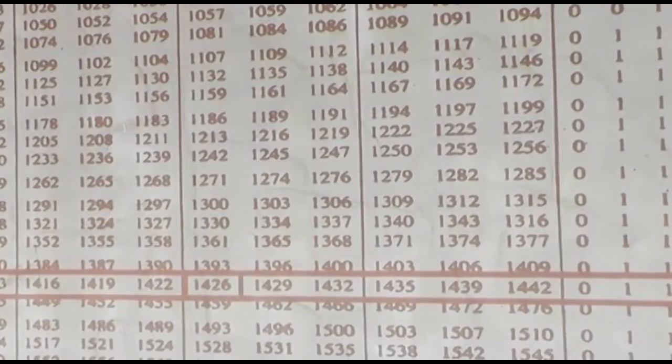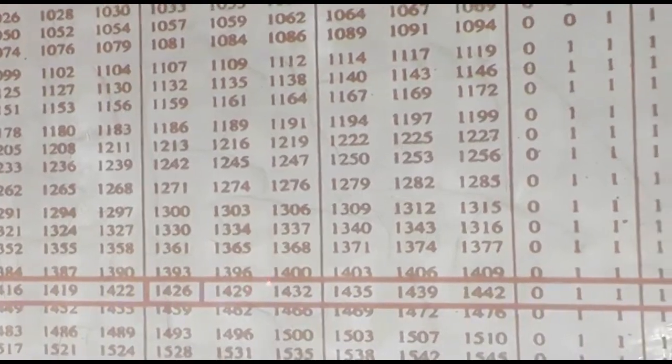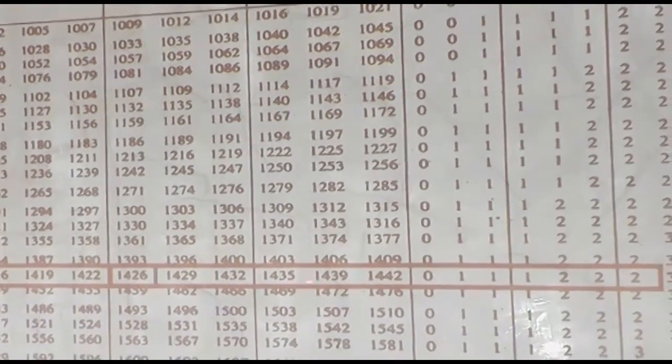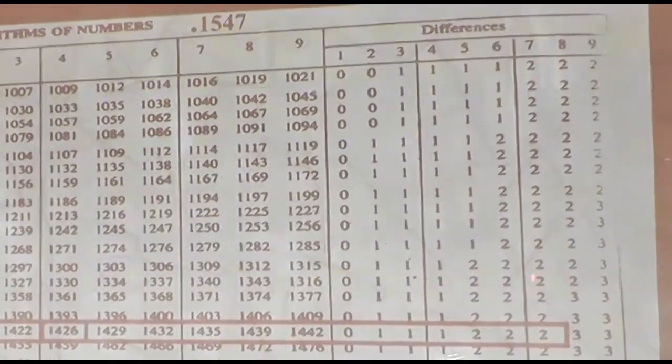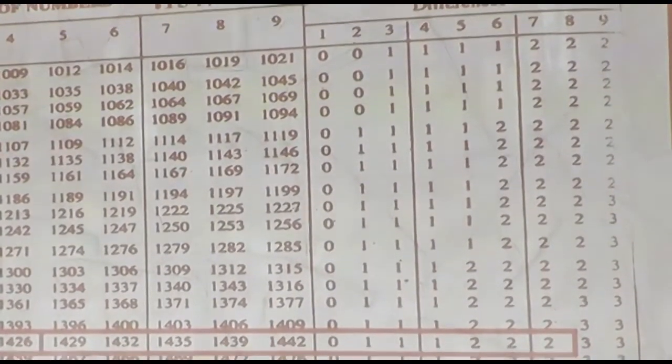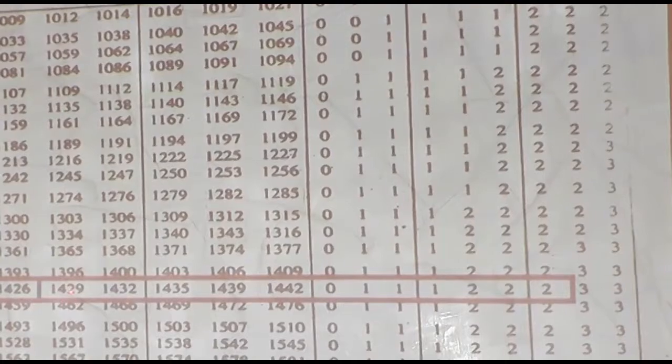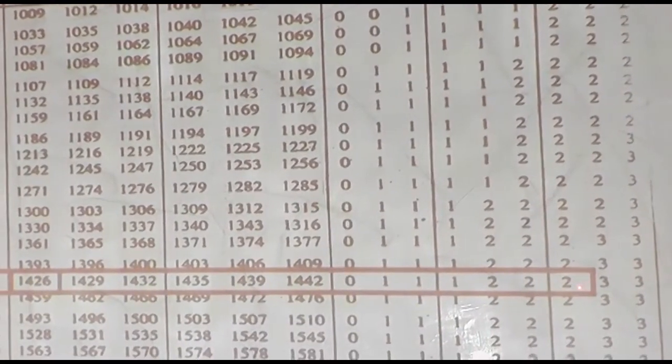Then, for the fourth digit, we locate it by moving straight to the difference headed 7.